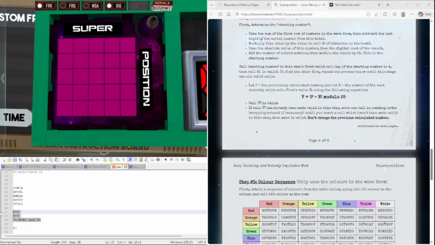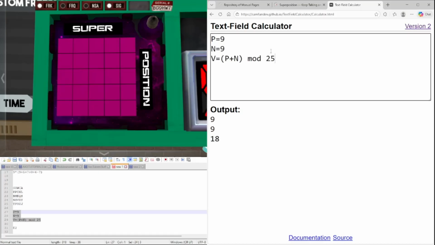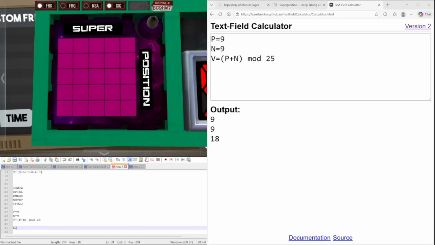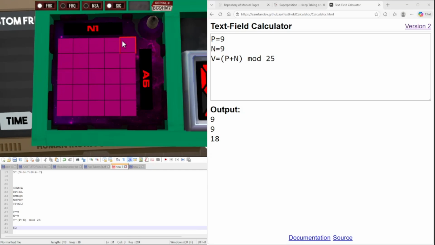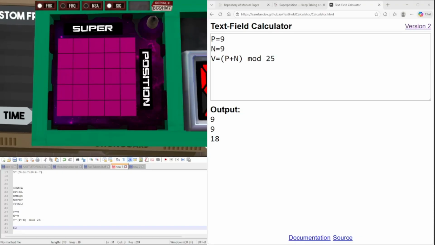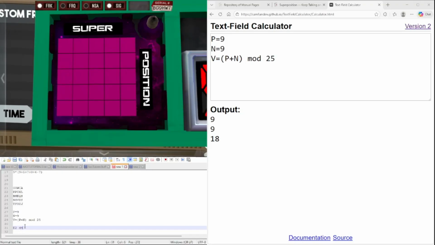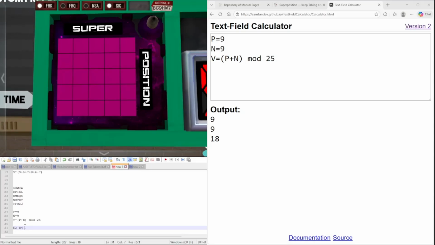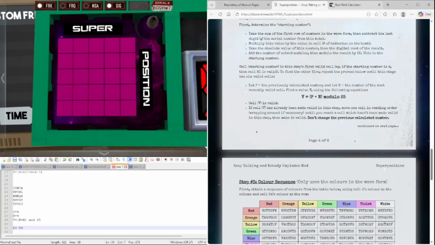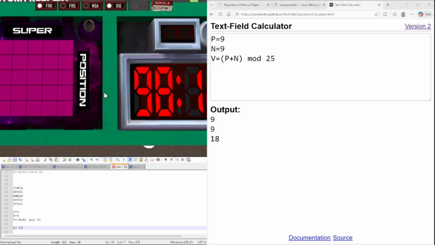So with 18, counting 0 through 18, D4. So we have the previously calculated number and the number of the recently visited cell.